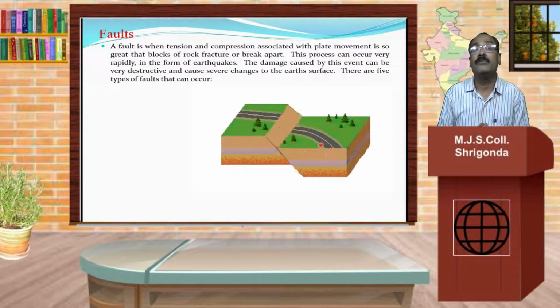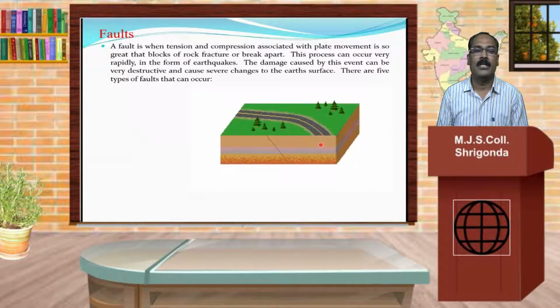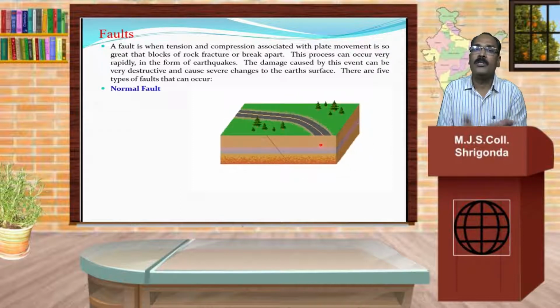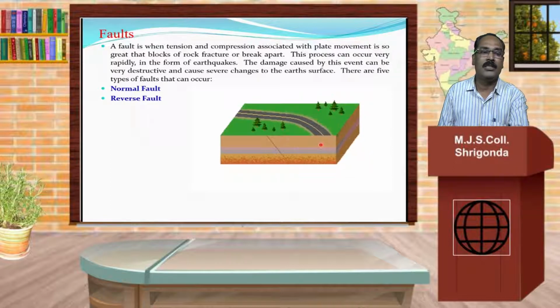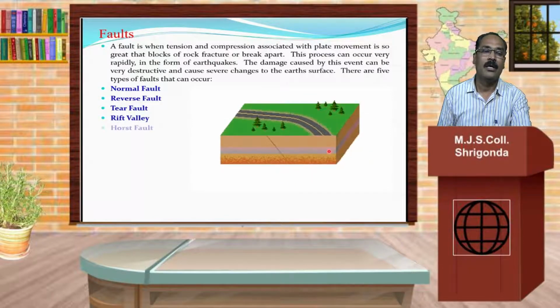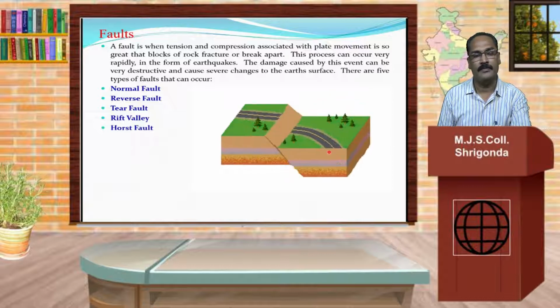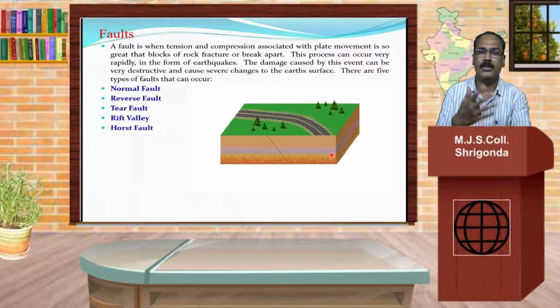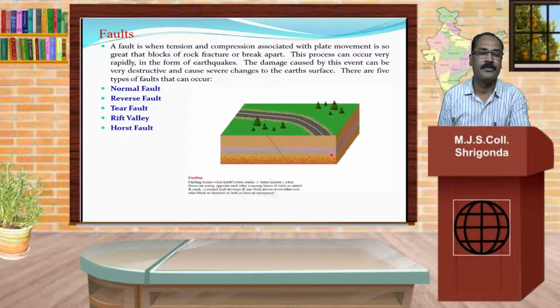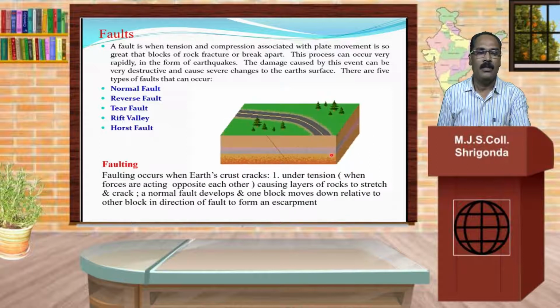There are five types of faults that can occur. First is normal faults, another is reverse fault, then the tear faults, then rift valley and horst fault. These are the five types of faults. Then the faulting.